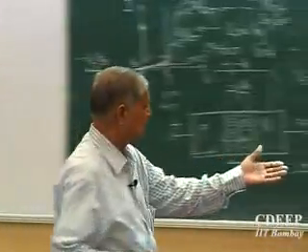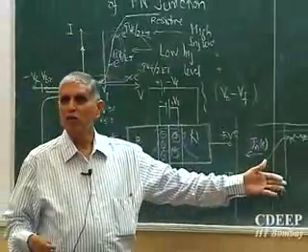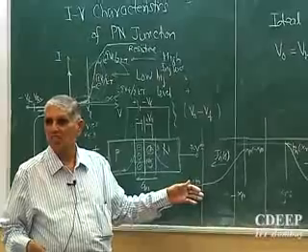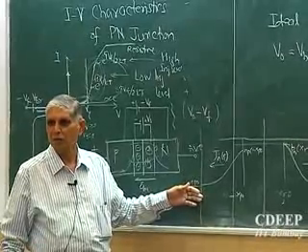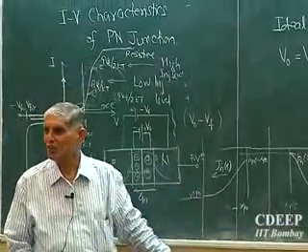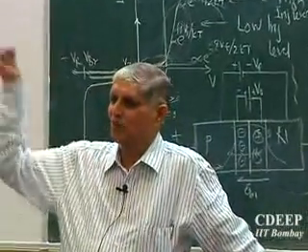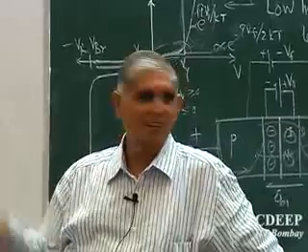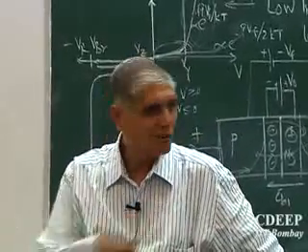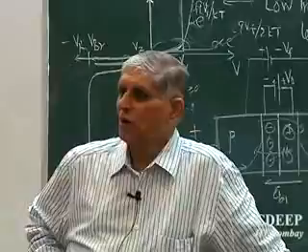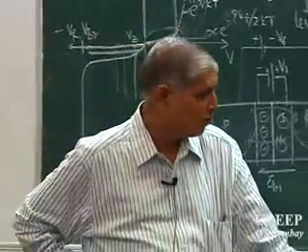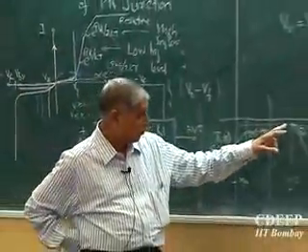One you can see clearly here. As you move away from the junction, the carriers go towards the equilibrium value. So we say at x equal to infinity on either side, the excess carriers go to equilibrium. So one boundary condition is always common. The second boundary condition, how do I evaluate it?